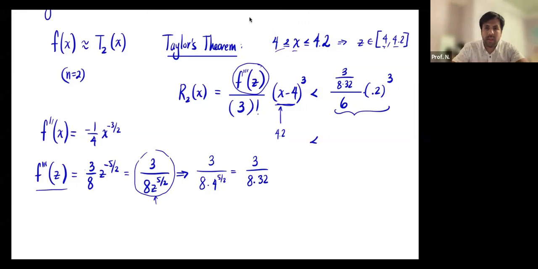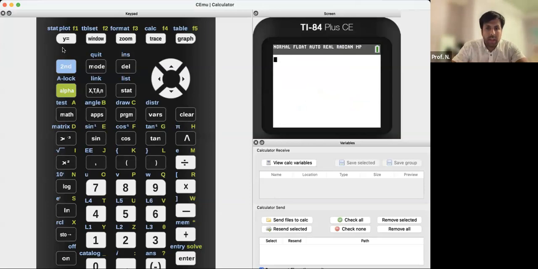So when I put this all into my calculator, I'll see the worst case scenario. Let me show you that. I have quite a number of fractions within fractions.